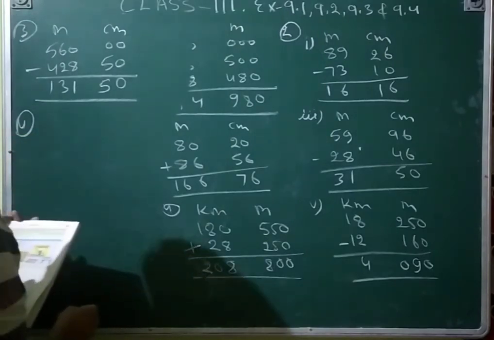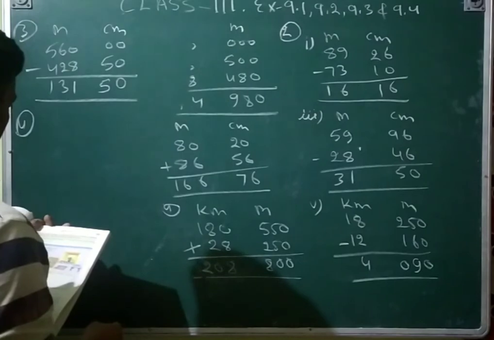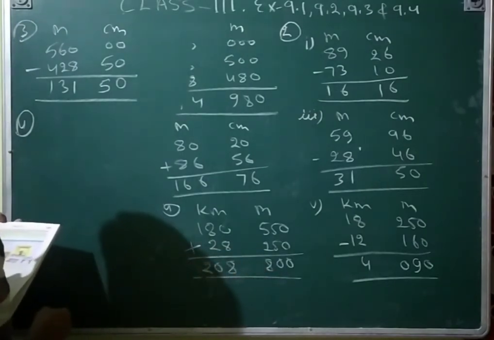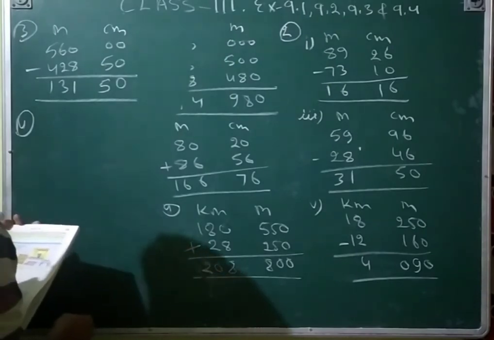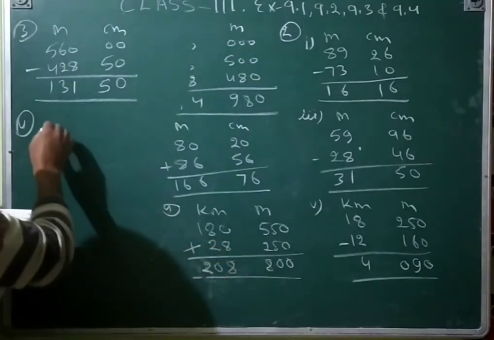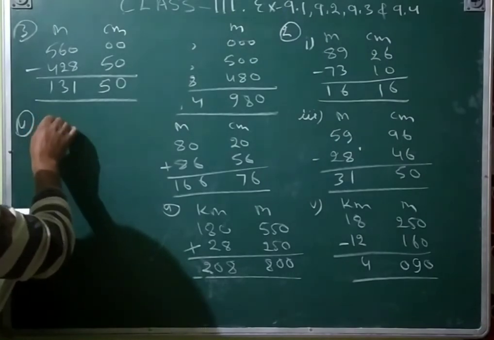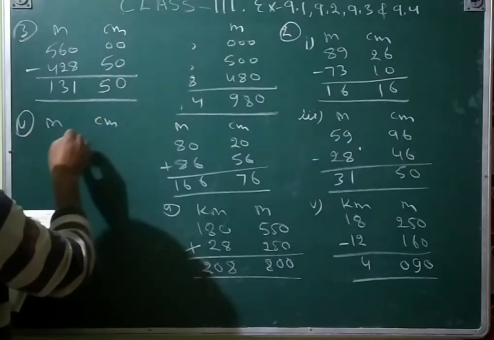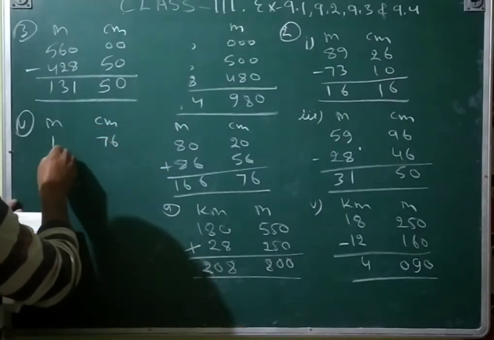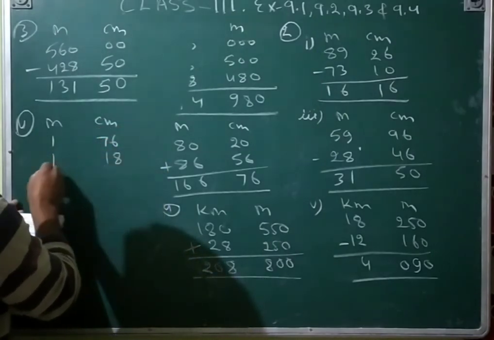Rita is 1 meter 80 centimeter tall and her father is 1 meter 76 centimeter tall. Who is taller? So obviously father is taller, that is meter centimeter. So father 1 meter 76 centimeter, that is 1 meter 18.